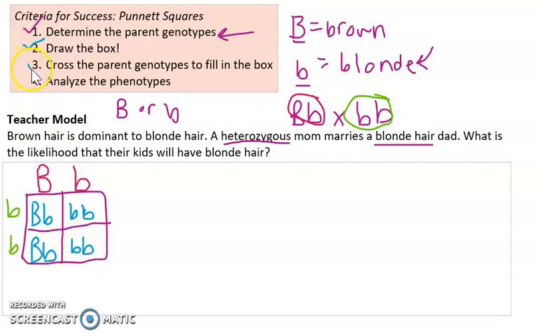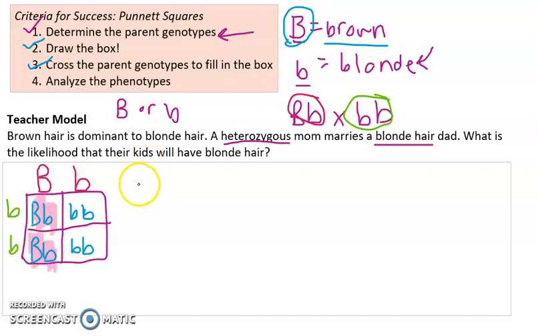So we have crossed the parent genotypes, and now all we have left to do is analyze the phenotypes. I know that anytime I have a capital B, because it is dominant, I will always have brown. So I have a capital B right here and a capital B right here.